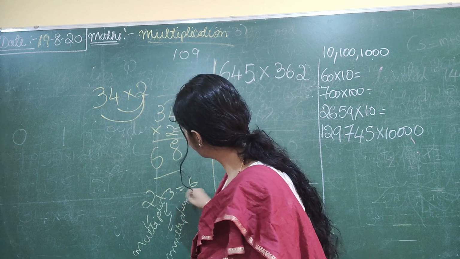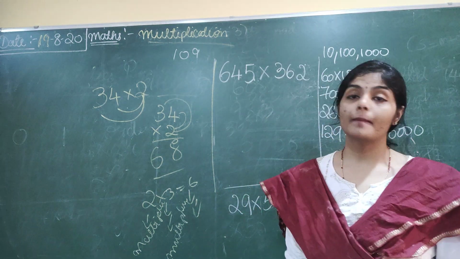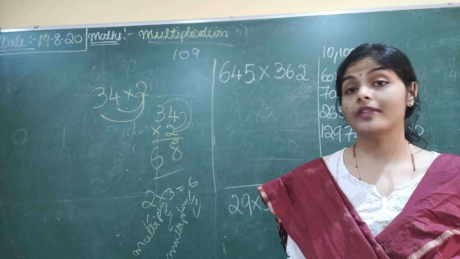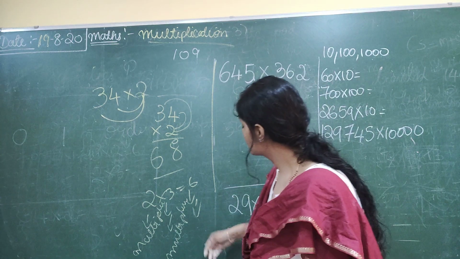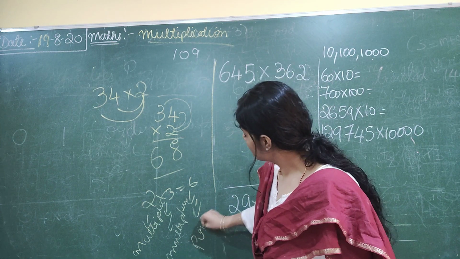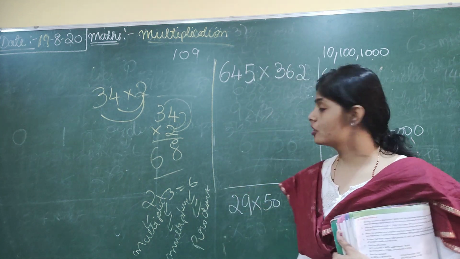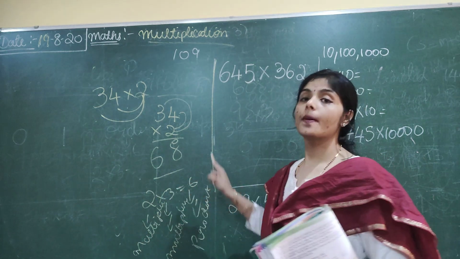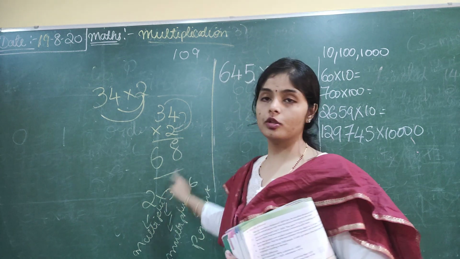The last one, if that was the difference, this is the product. Very good. This is called a product. Multiplicand, multiplier, product. Understood, children?